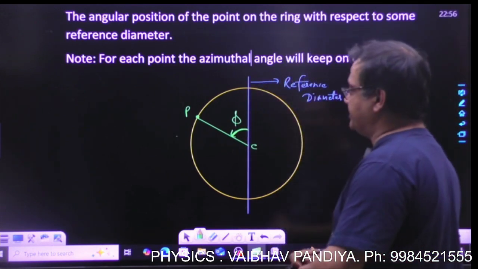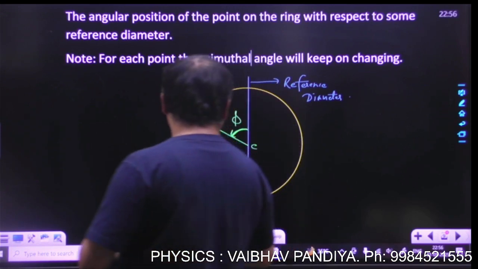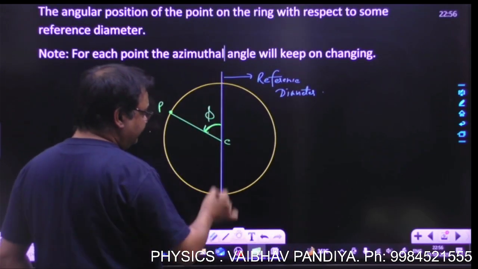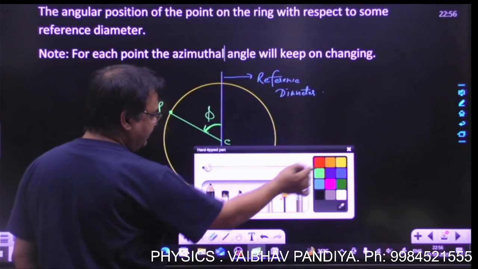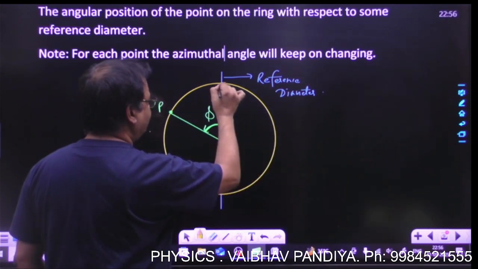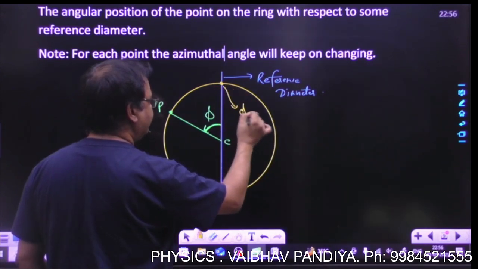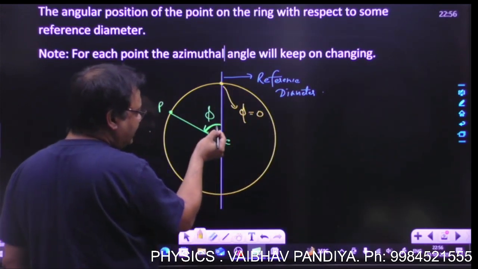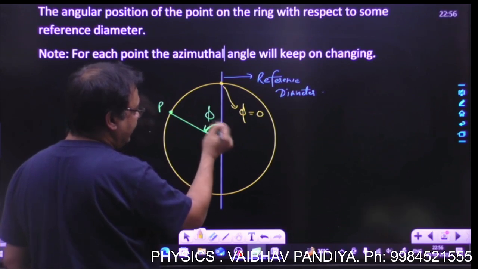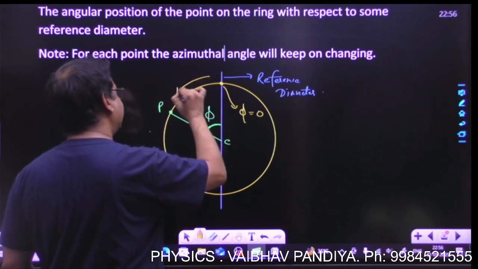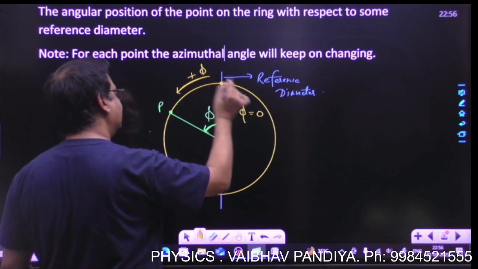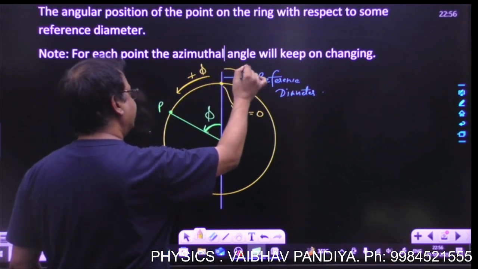Now according to the rule, if this line is the reference line for phi, then for this point the value of phi will be 0. Since you are measuring phi on the left side, this side is taken as the positive direction for phi, and this side as the negative direction.